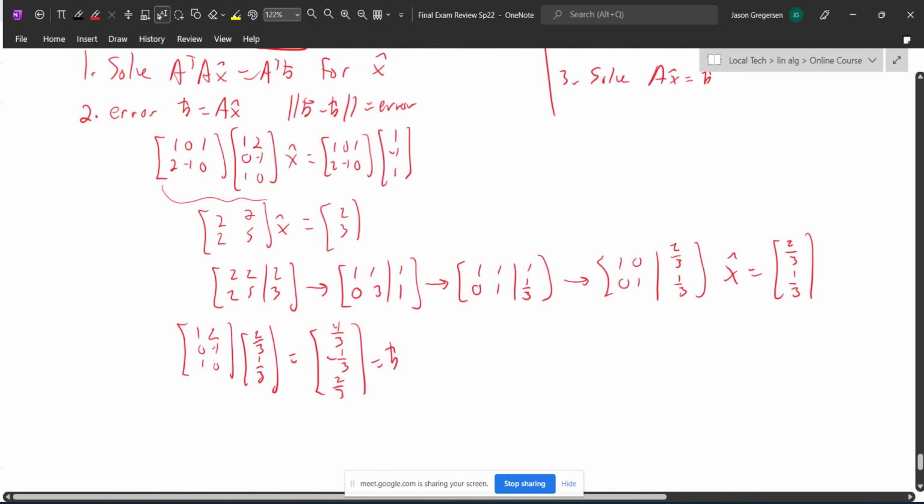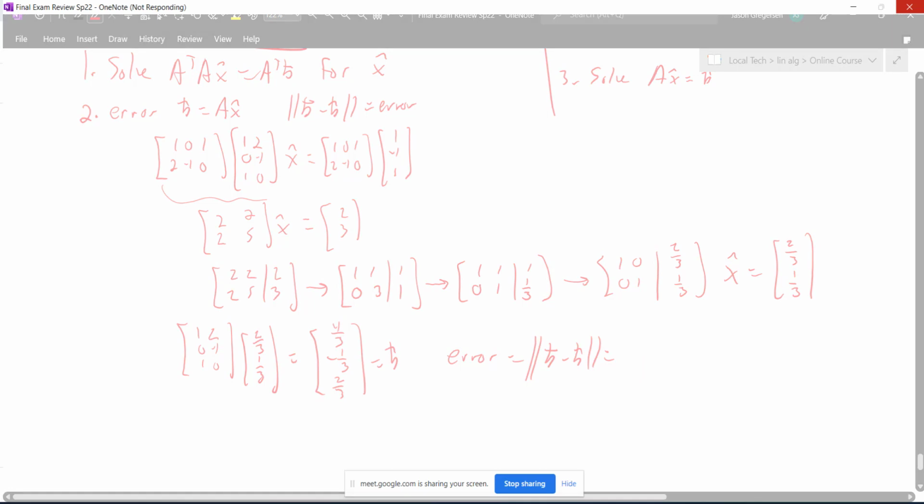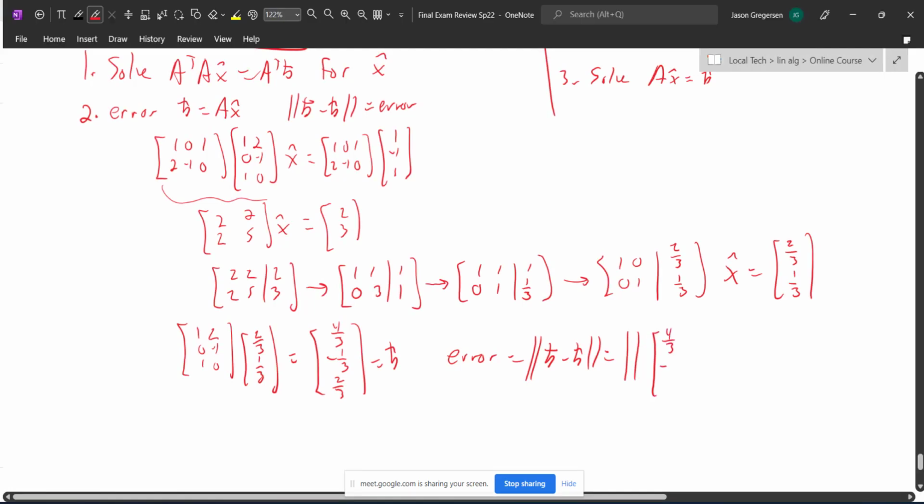So now my error is going to be the distance between b and b hat. So that means I'm going to take the length of the difference between them. So now I'll take my b hat and subtract my vector b, which is 1, negative 1, 1.